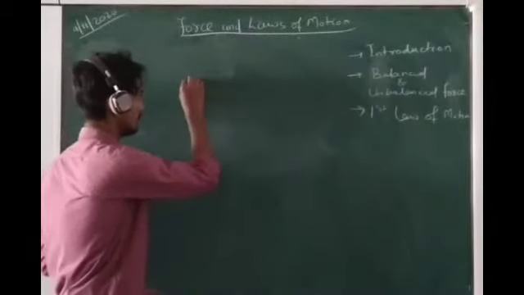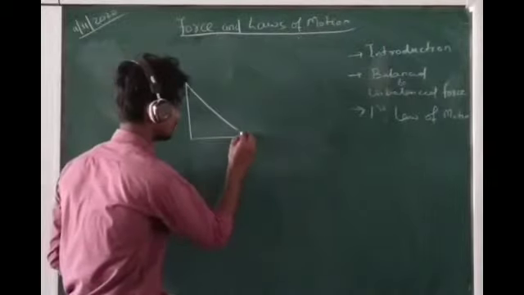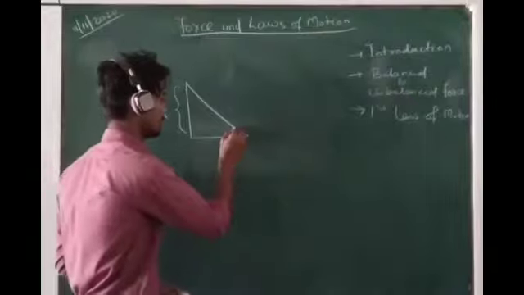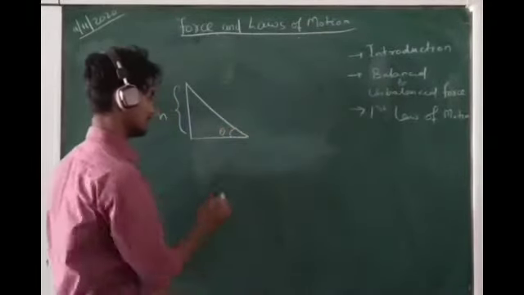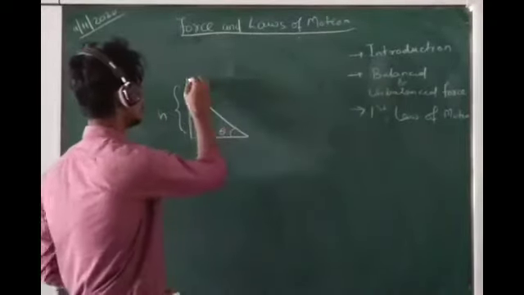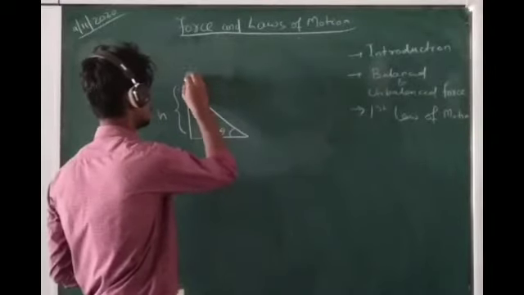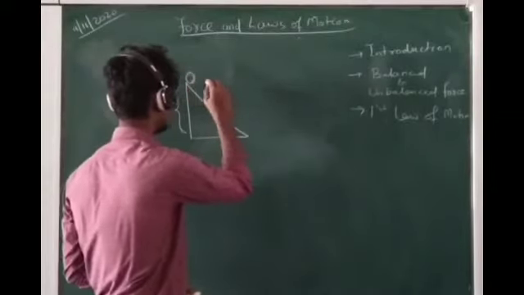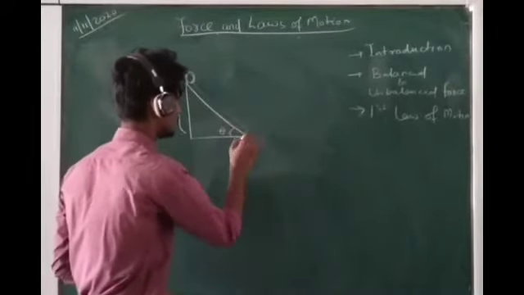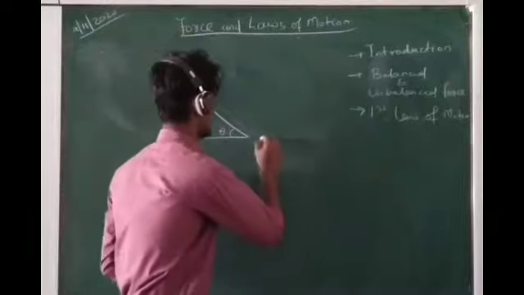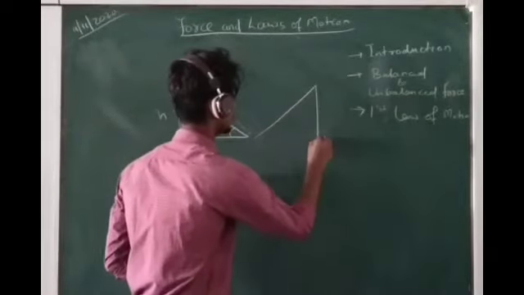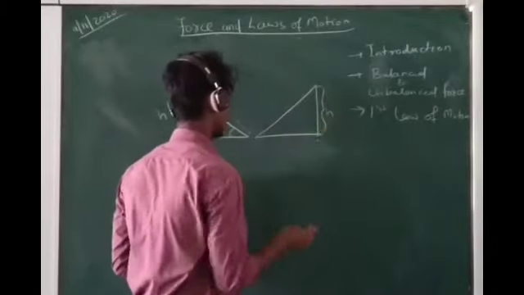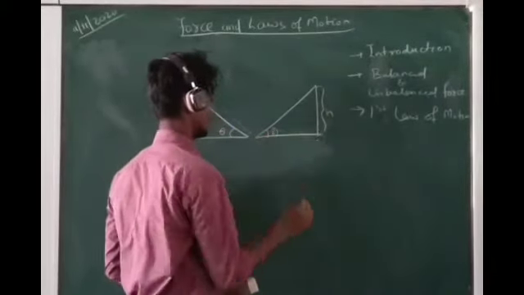Let us say, this is an inclined surface of height h, and it is inclined at angle theta, let's say. Now, if a ball or a spherical object is rolled on this inclined surface, it is obvious that while coming down, its speed will be increasing, and here another inclined surface is kept of same height h and of same angle theta.